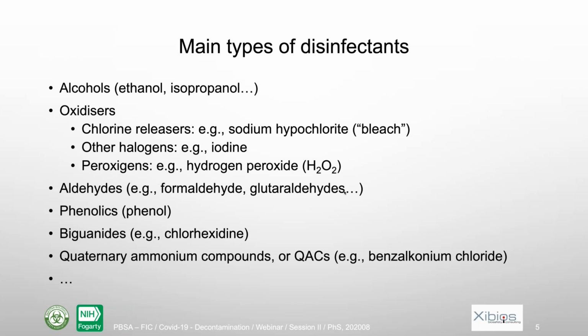Another category is the aldehydes, and we know formaldehyde, which was previously very much used, but there are also some less powerful products, different types of glutaraldehydes. Then we have phenolic compounds. The main one is phenol. We have biguanides. The most known is chlorhexidine, and then we have some quaternary ammonium compounds, or quats, like benzalkonium chloride.